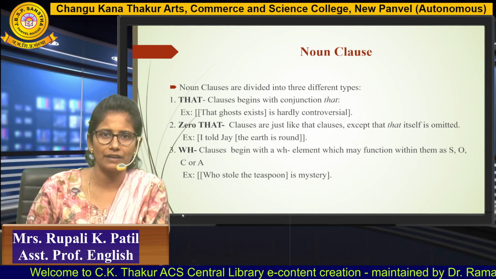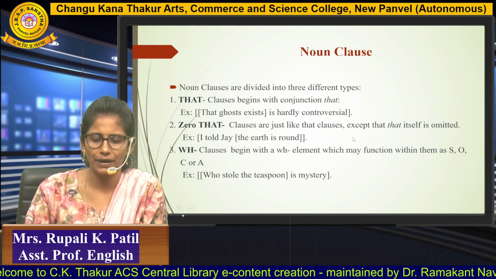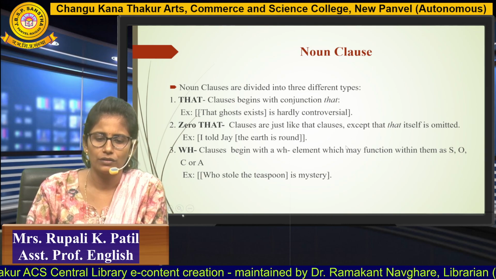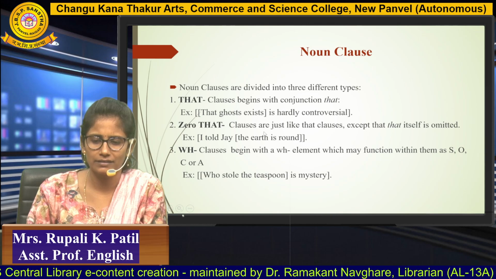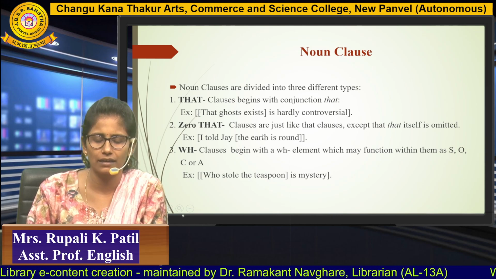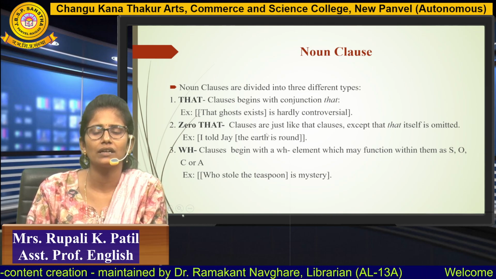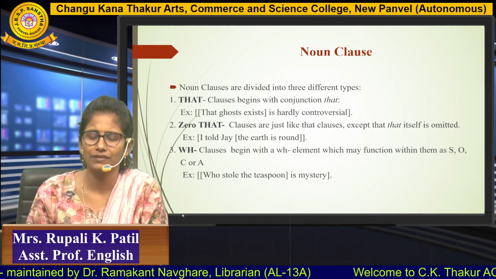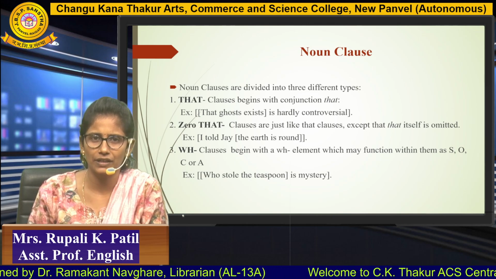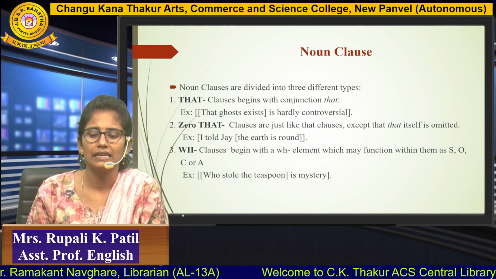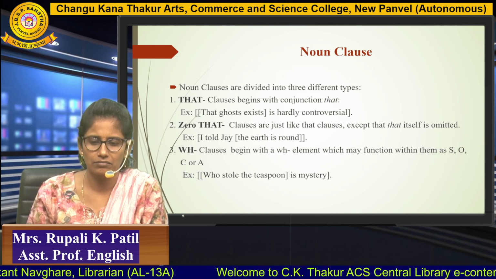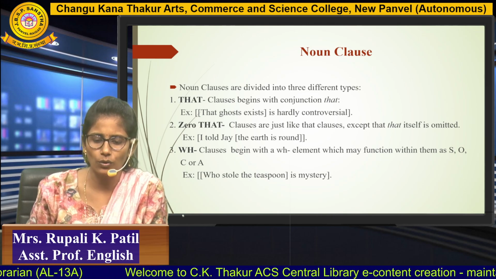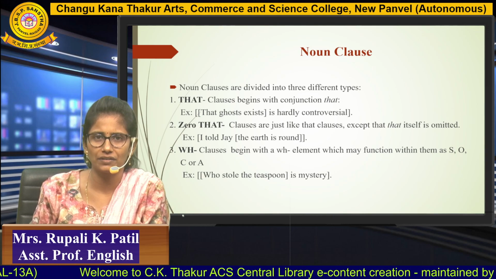We know there are five elements: subject, predicator, object, complement and adverbial. The first type of noun clause is the noun clause which begins with the conjunction that. As we have seen in the last slide, there are three identification marks. One of them is the clause which starts with a conjunction. For example, that ghosts exist is hardly controversial.